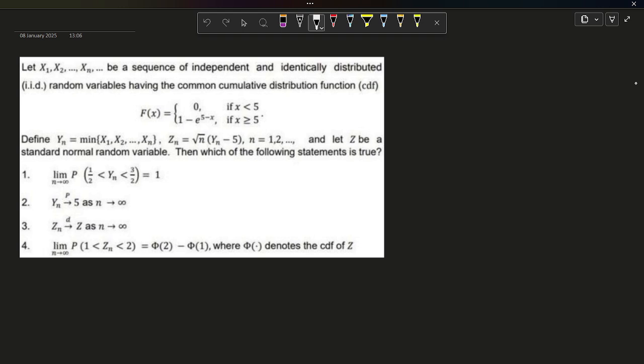Option 3: Zn converges in distribution to Z as n tends to infinity. Option 4: limit n tends to infinity of P(1 less than Zn less than 2) equals phi(2) minus phi(1), where phi denotes the cumulative distribution function of Z.